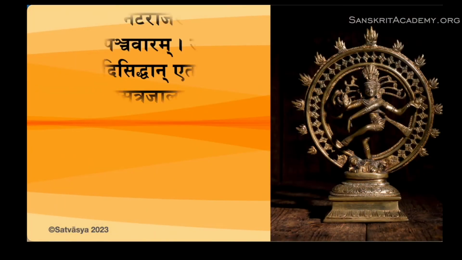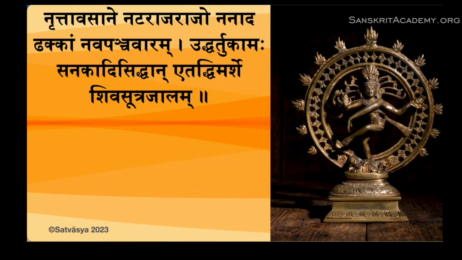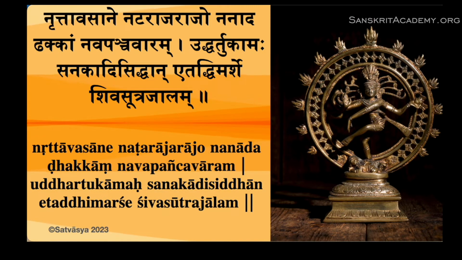This sloka explains how the Maheshwara Sutrani came about. Nruttavasane nataraja rajo nanada dhakkam nava panchavaram udvartu kama sanakadi siddhan etadvimarsho shiva sutra jalam. Nruttavasane is at the end of his dance.